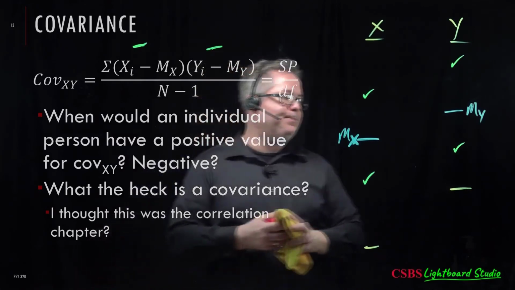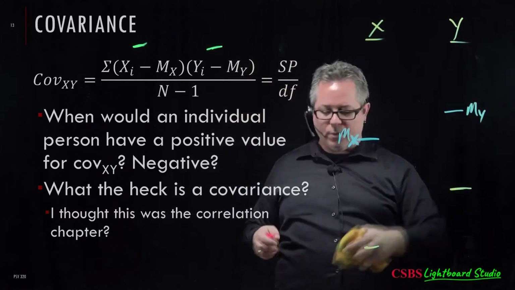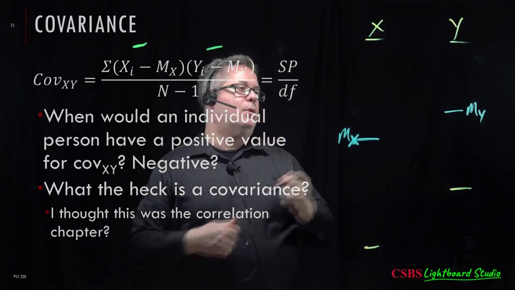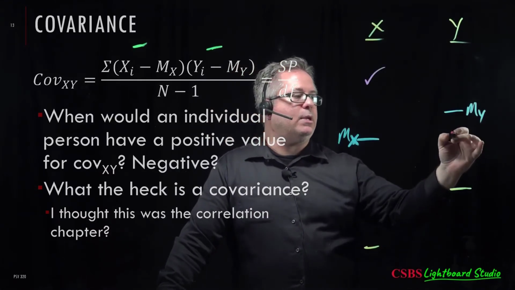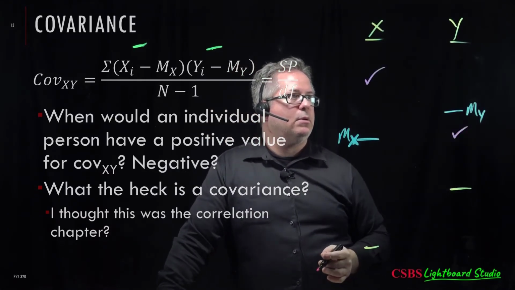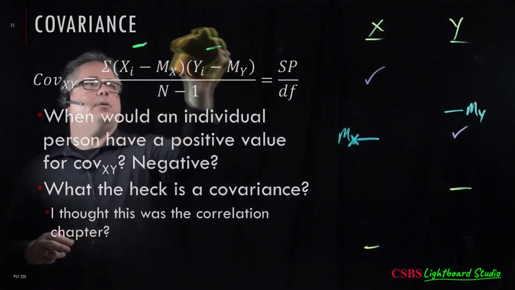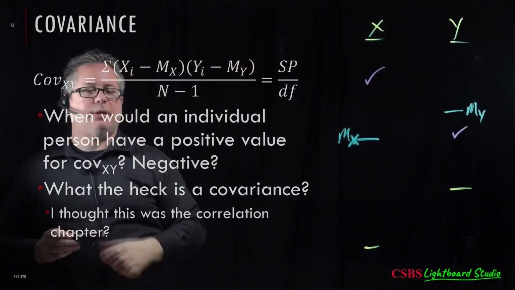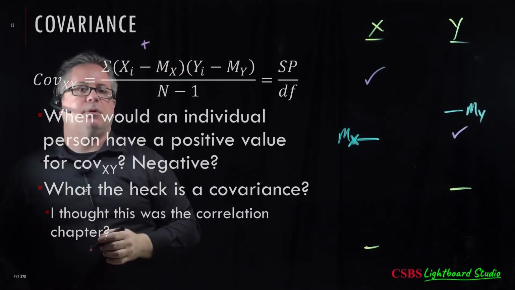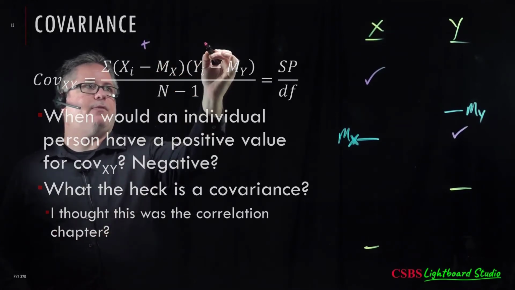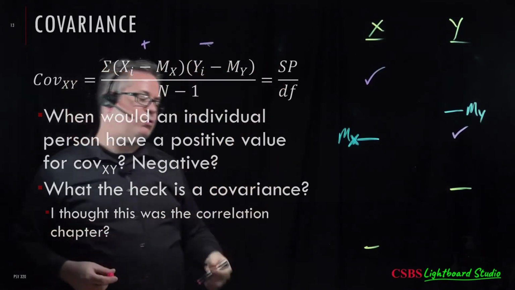What about negatives? If I am above the mean on x, but below the mean on y, that's going to give me a, look up here, if I'm above the mean on x, I'm going to get a positive number, because x minus the mean is going to be a positive number. But y minus the mean is going to be a negative number, because my score is below the mean. So a positive times a negative, I'm going to have a negative contribution.